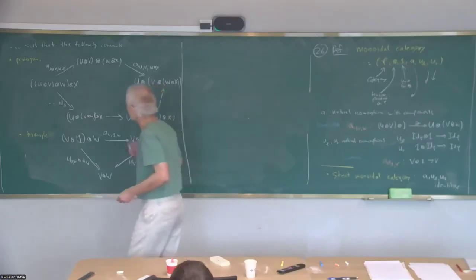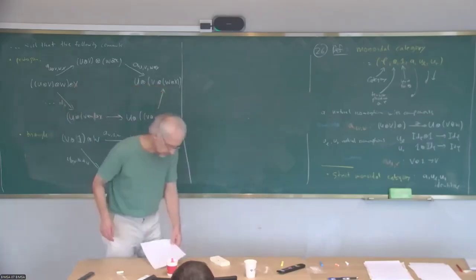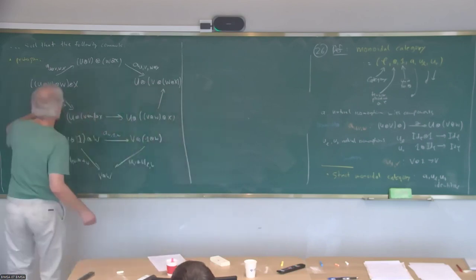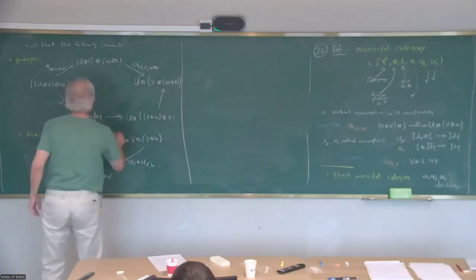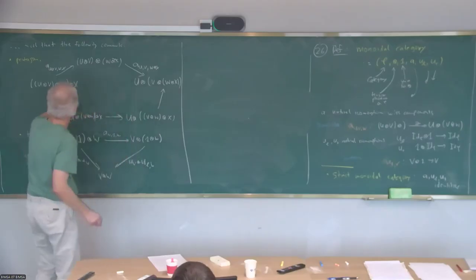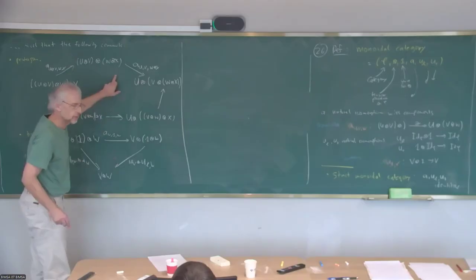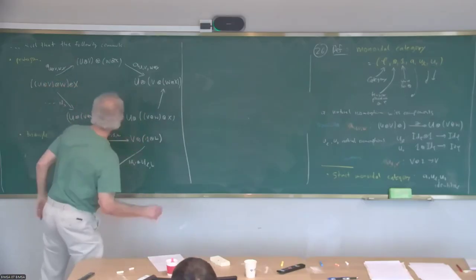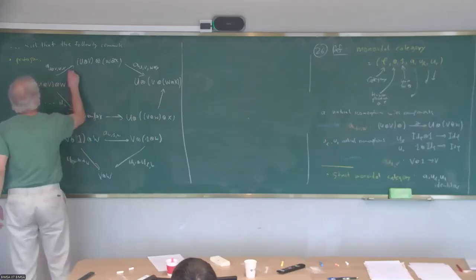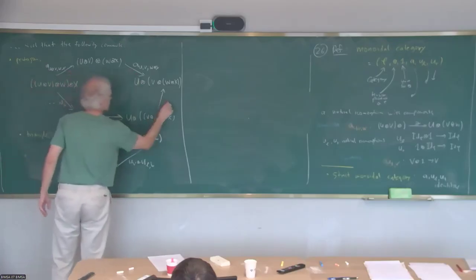Just as I said, the pentagon describes the equality, so the commuting diagram, and here, equality between the composition of these two morphisms with the composition of these three, but all of them are isomorphisms by definition.